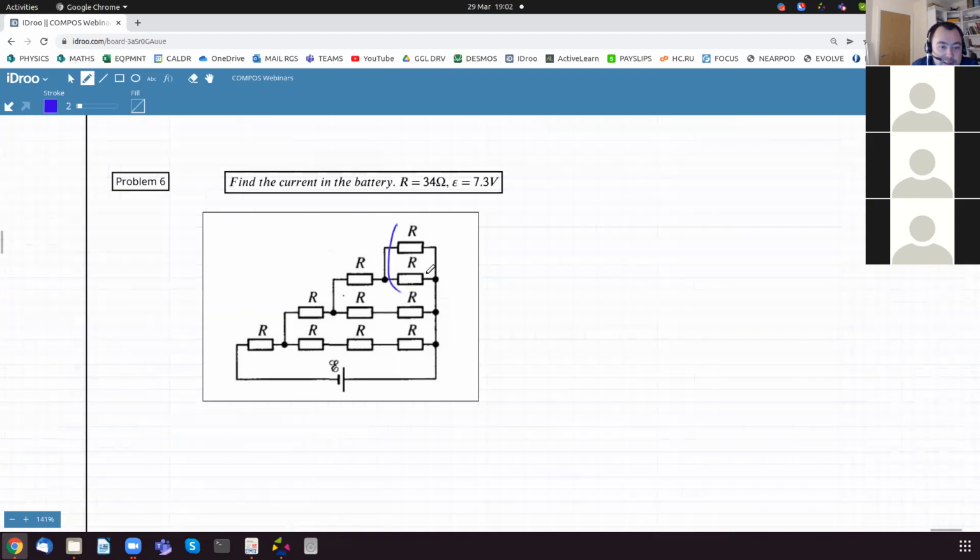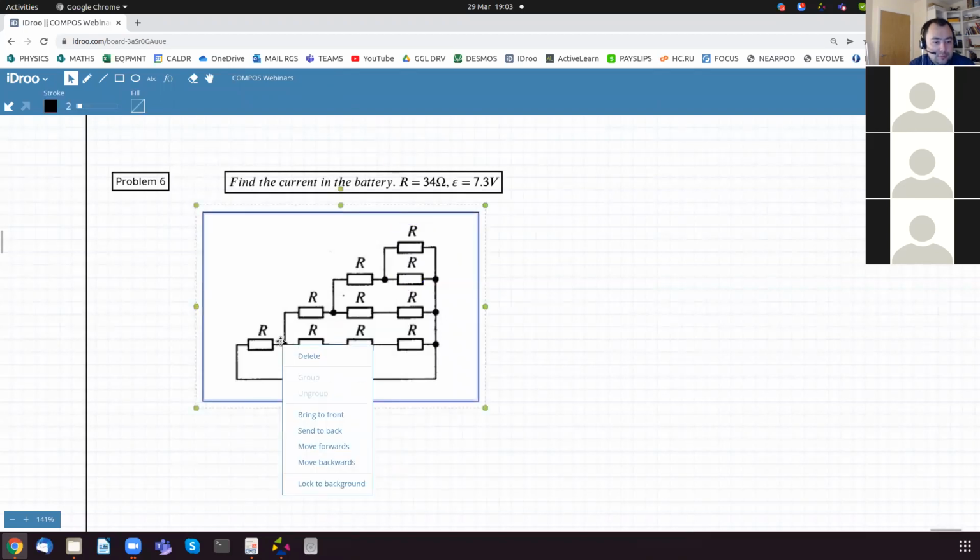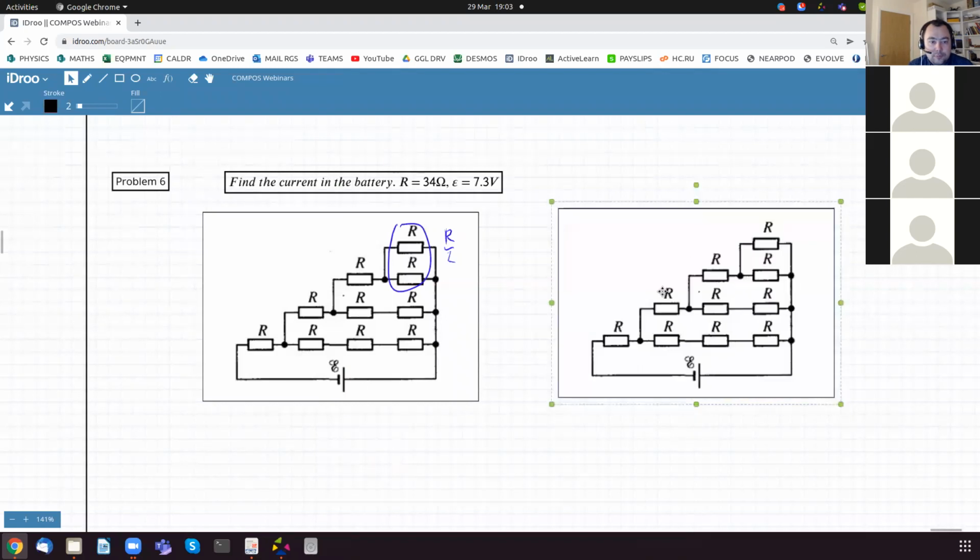So you have two resistors here, and we know that parallel resistors is R over 2. Okay, so this is R over 2, and R over 2.